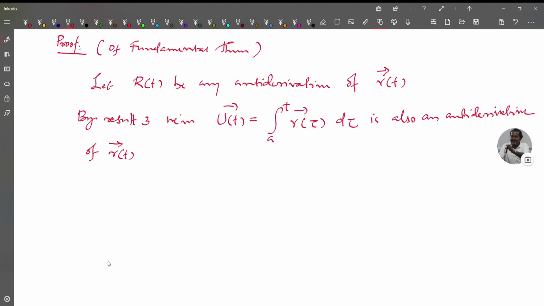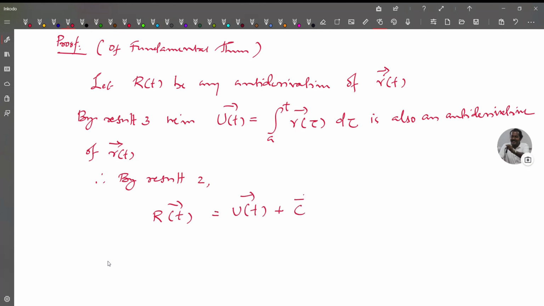Now since the antiderivatives differ by a constant vector c, by result 2, R of t equals u of t plus c.